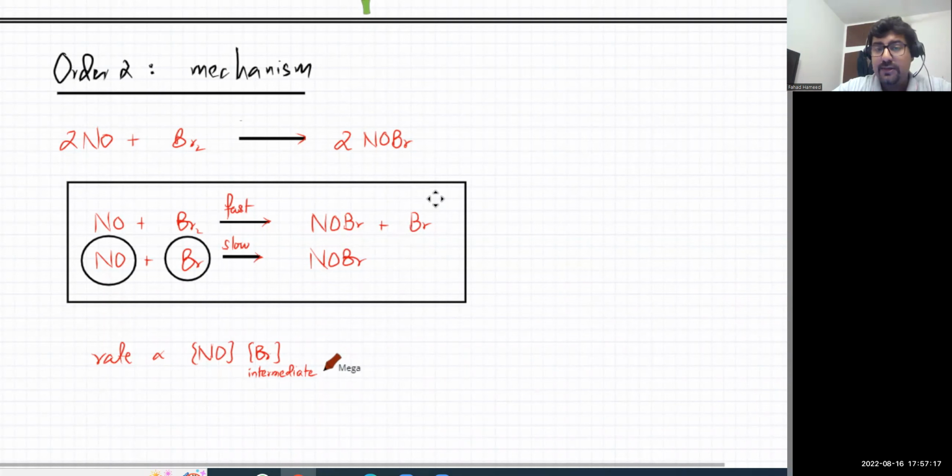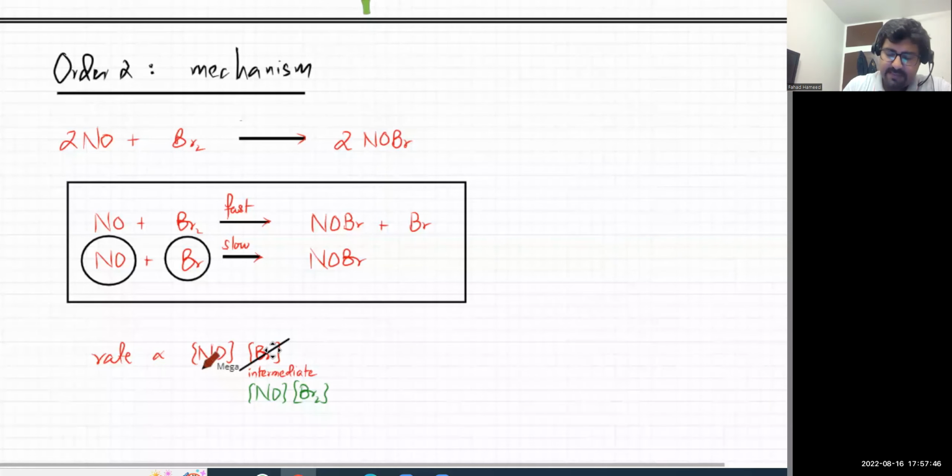So the concentration of this Br actually depends on the concentration of Br2 and NO. If their concentration is high, the amount of Br produced will also be higher. So when I say that the reaction is dependent on the Br atoms, it's actually indirectly dependent on the NO concentration and the Br2 concentration.